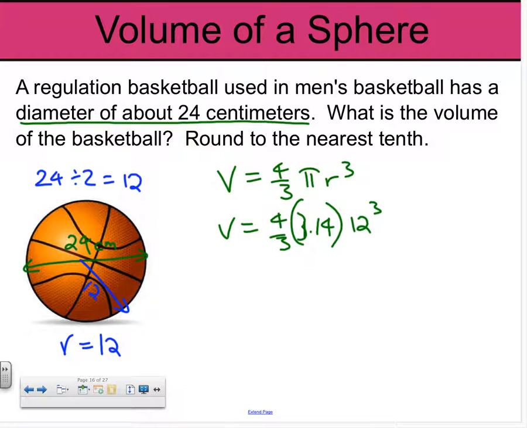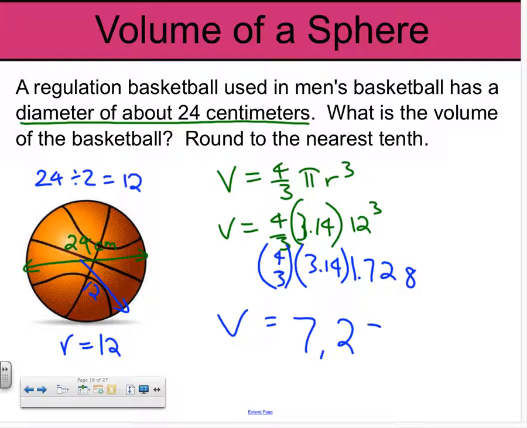Now, if I do 12 cubed, 12 times 12 times 12, I get 1,728, and that's going to be multiplied by 3.14 and multiplied by 4/3. And my volume of the basketball then is going to be 7,238.2 centimeters cubed.